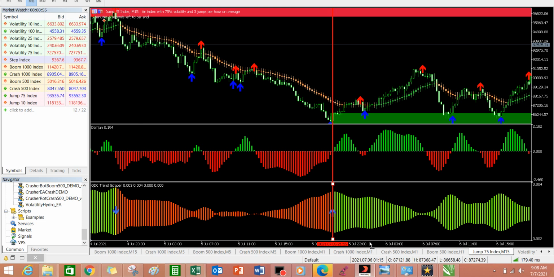This will help you to know your entry point and your exit point. So all these three items are very vital in order for you to trade it successfully. And all these three items are what we are finding using this setup I have on my chart presently. The name of the setup is called the QDC Creeper Indicator. So let's check out how we can use it to trade successfully.